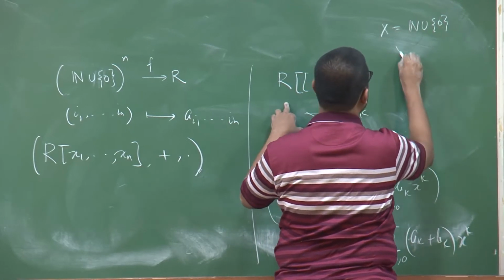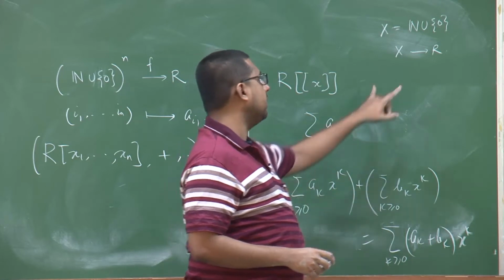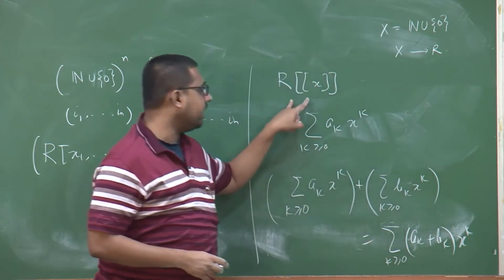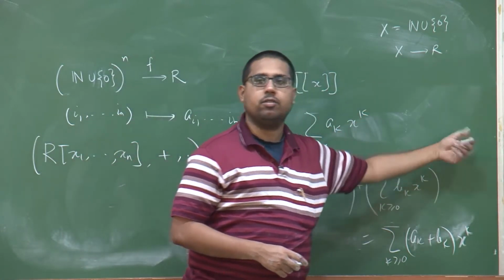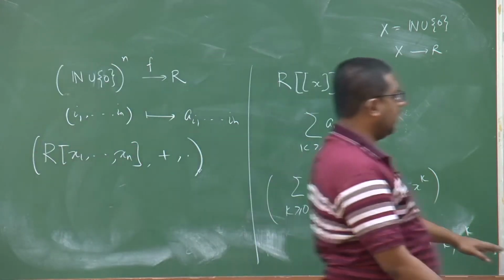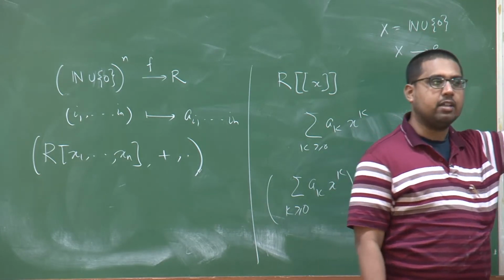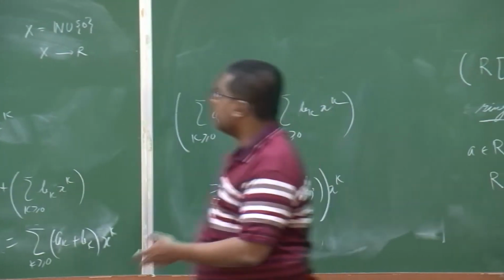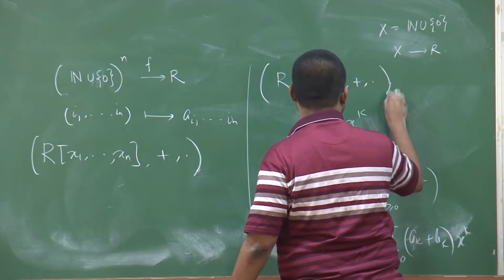By a power series we mean a function from X to R. In this function space the addition of functions is pointwise, and that exactly corresponds to addition in the power series ring. Since we have done this in generality, we do not have to do anything here with respect to addition. For multiplication it is a routine verification that it is associative, exactly the same way we do for polynomials, and thus with respect to this addition and multiplication this forms a ring.